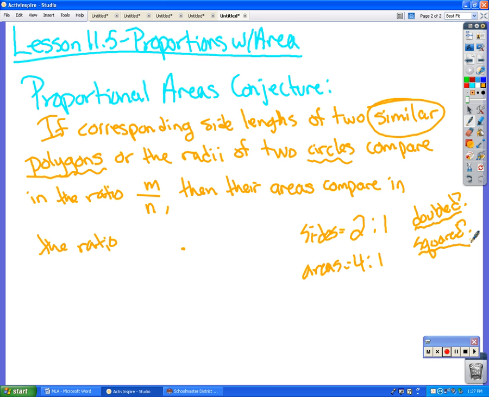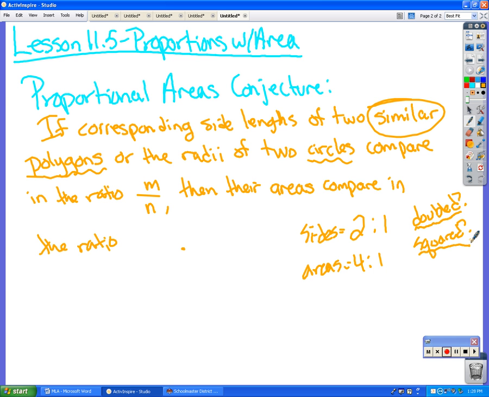And so what I'm looking for is another group that used a ratio in the rectangles that was not 2. Is there any? Yes. Okay, and what did you come up with for the ratio of your areas? 9.